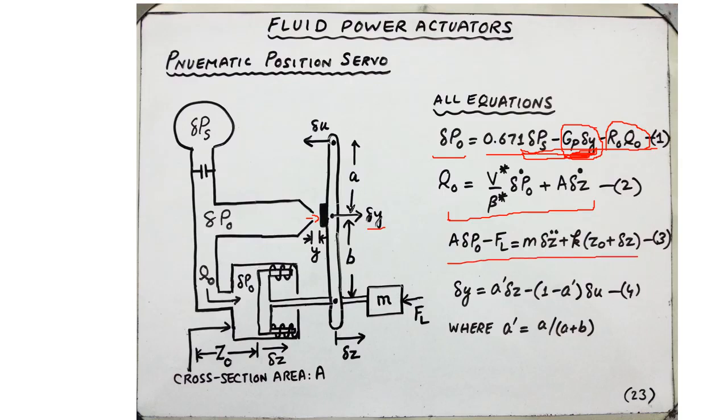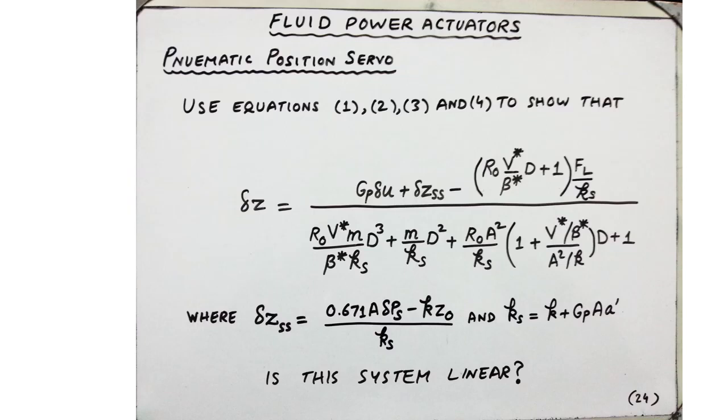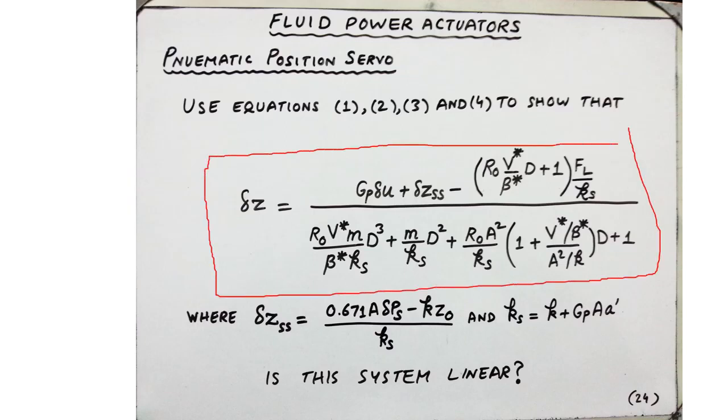The third and fourth equations are for the mechanical subsystem. Then combining all these equations, we get the final expression that relates delta Z with the input delta U and the other input FL.